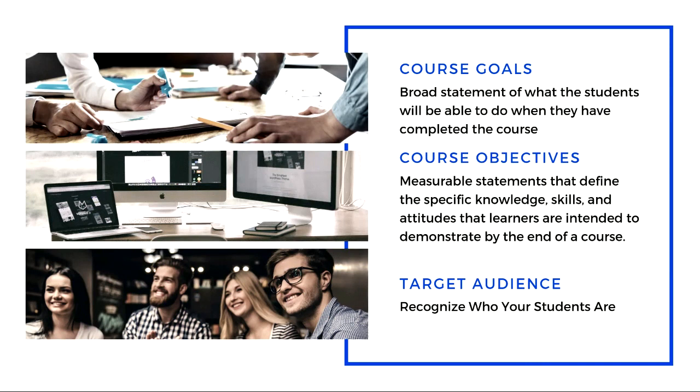They're usually broad, but in order to make sure that they are achievable, you want to really look at what it is you are trying to achieve. So there are some questions that you want to look at to ensure that you are outlining some really attainable goals. So what do you want your students to remember? If your student is 5-10 years down the line, what is it that you want your students to remember about the course?